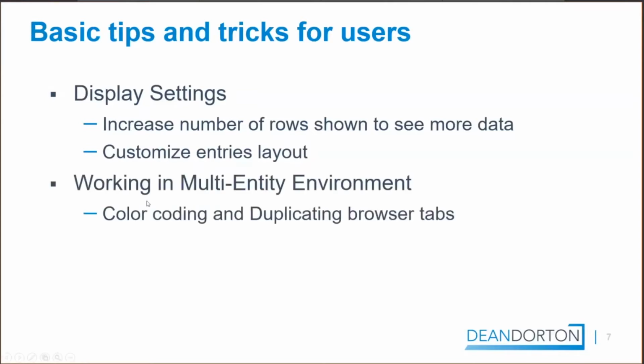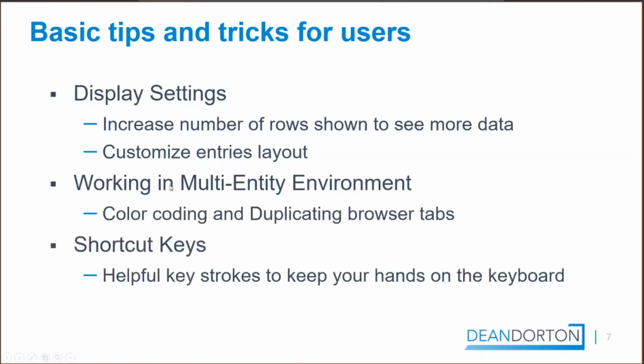Briefly talk about working in a multi-entity environment, go through a couple tips and tricks here and how you can color code and duplicate browser tabs if you're working in different entities. And then just to briefly talk about some shortcut keys.